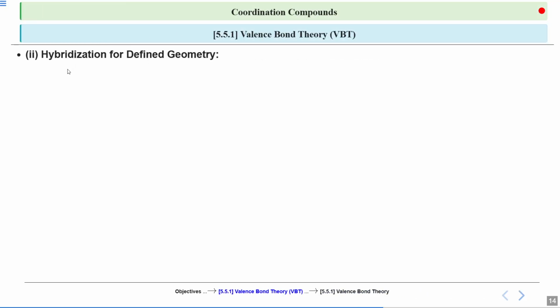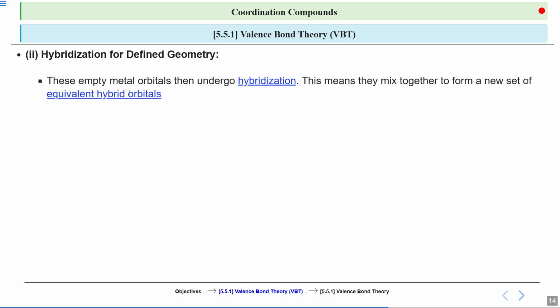Second point to focus on is hybridization for defined geometry. These empty metal orbitals that are provided by the metal then undergo the hybridization process. This means that they are going to mix together to form a new set of equivalent hybrid orbitals.